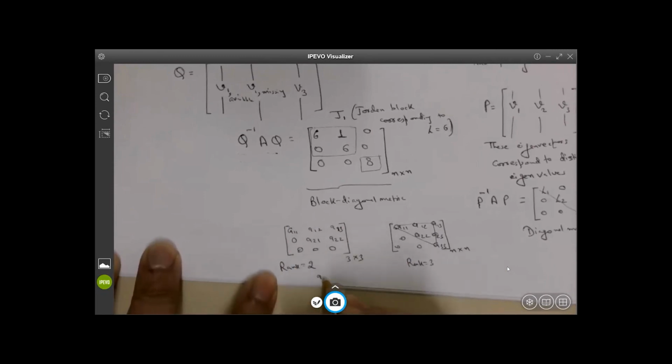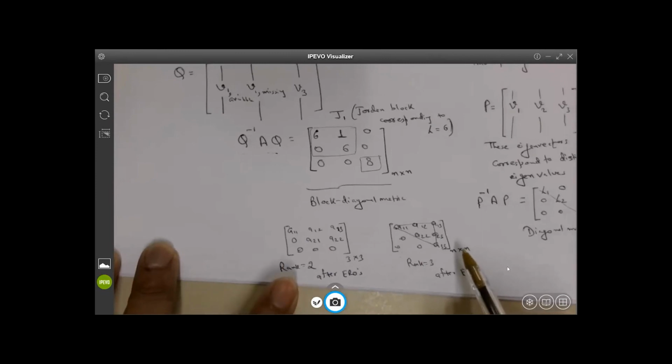So if the rank becomes equal to n, that means all the rows and columns are linearly independent. They are not dependent on each other. So all columns are independent of each other, or all the rows are independent of each other.